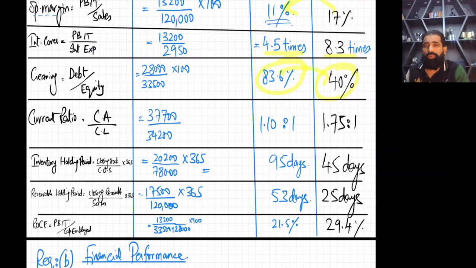When your gearing is high, you have many loans, and when you have many loans, that means you have to make preparation for payment as well. So apparently the risk of the company is very, very high.